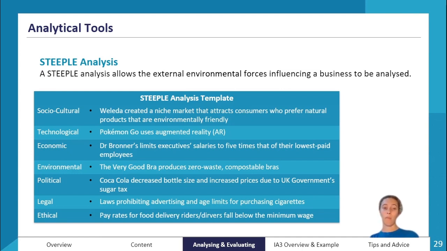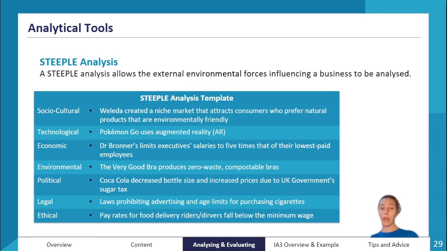So Walida is a business that creates different products like creams and things like that. So it created a niche market. So a niche market is that small segment of a market that not many others or no others have taken advantage of, and it's attracting consumers who prefer those natural products that are environmentally friendly.